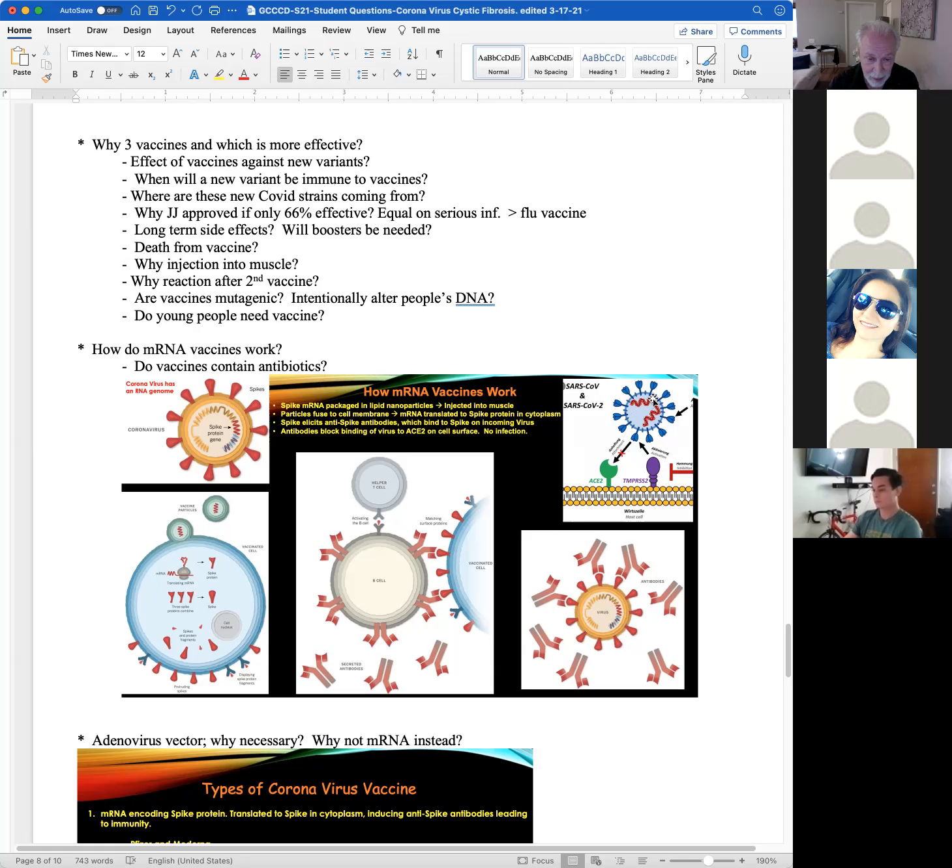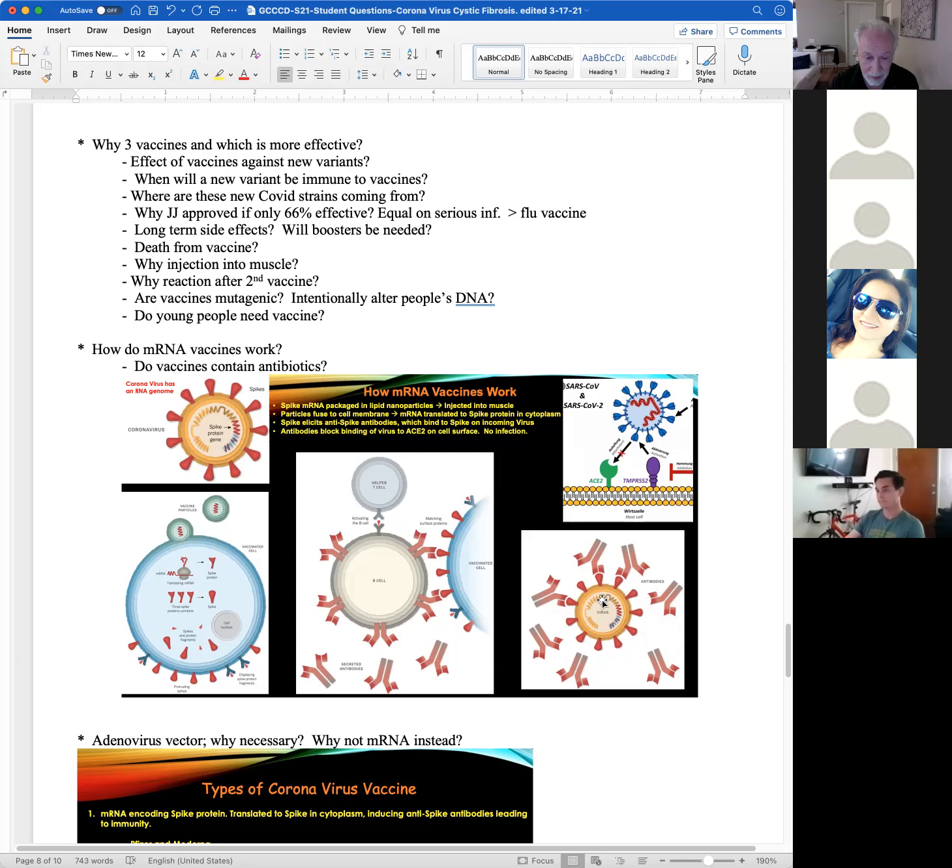Now, if we go back to the beginning, how the virus actually attacks a cell, you remember the spike protein has a receptor in the membrane of a human. The receptor is called ACE2. And the spike protein binds to that, and that causes an invagination of the membrane, and the virus enters. Then the cell is infected.